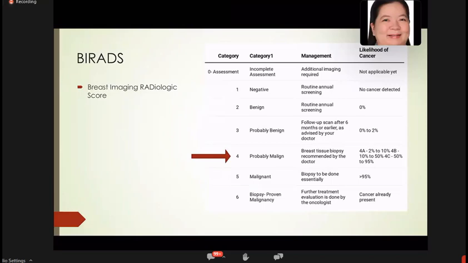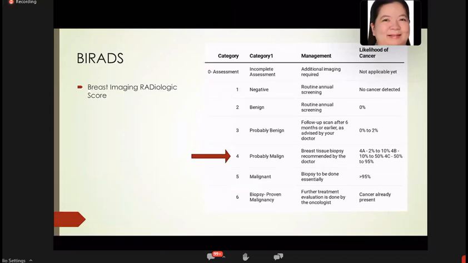Okay? 4A, less than 10% chance. 4B, around 50% chance. 4C, medyo almost malignant na yan. Okay? So, pag BI-RADS category 4 ang reading, the next course of management is you do biopsy if you can do it. If not, you refer to your friendly neighborhood surgeons.